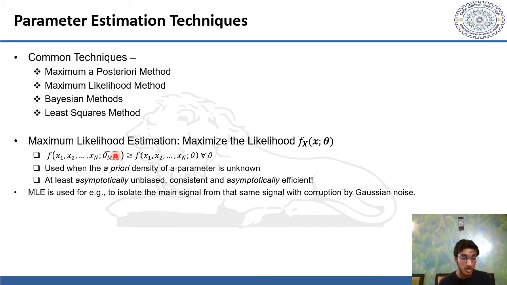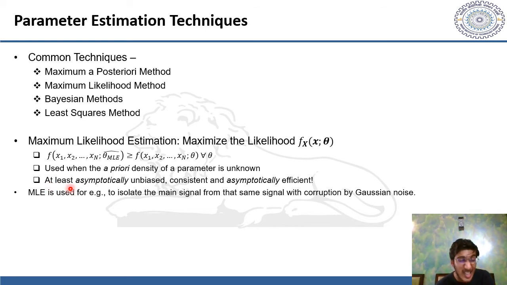This is generally used when the a priori density of a parameter is unknown. Maximum likelihood estimation generates a good estimator and is generally a preferred parameter estimation technique because of the following reasons.